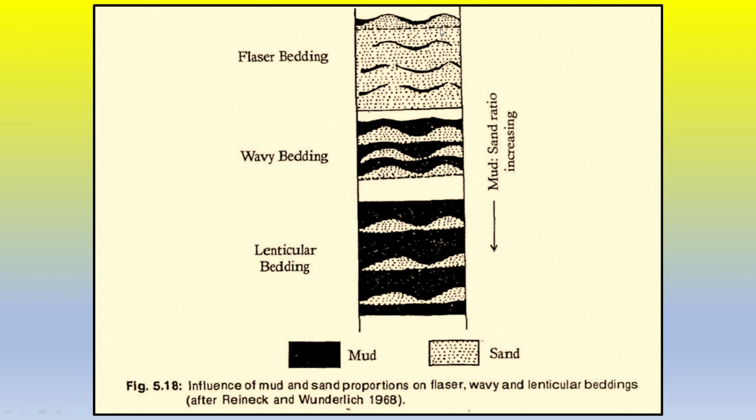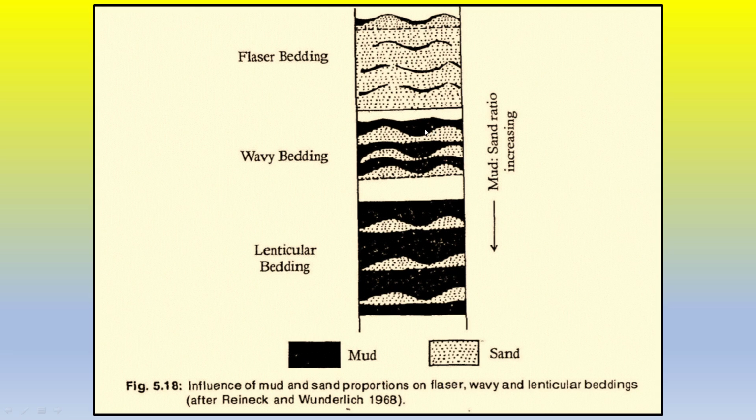See, when we gradually move towards the down direction, mud content is very high and sand content very less. In the first case you see the matrix is very rich in sand and there are some undulating mud streaks present.